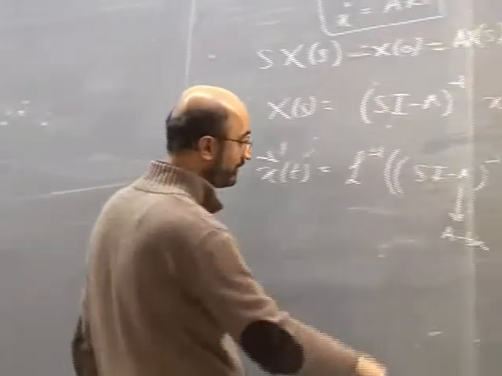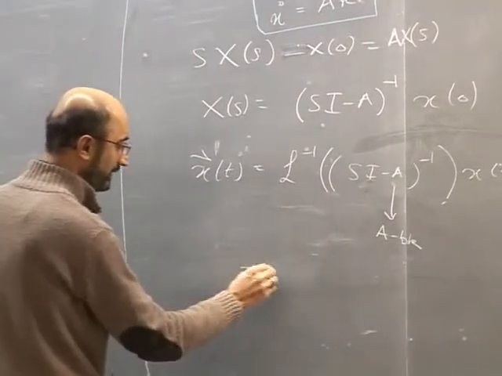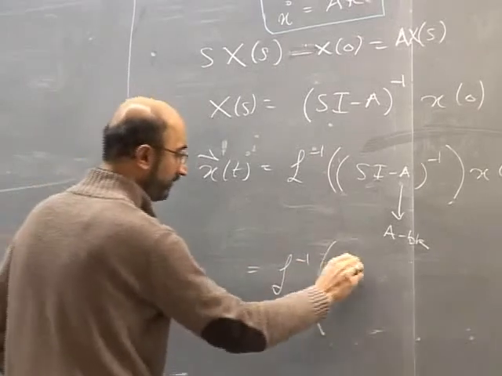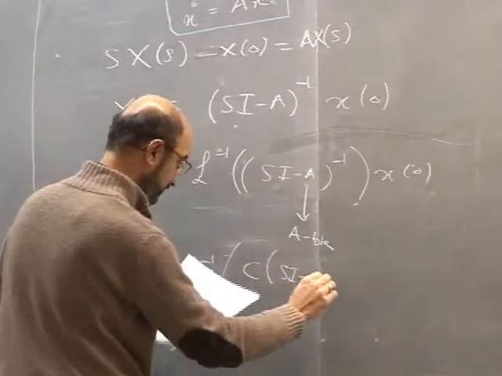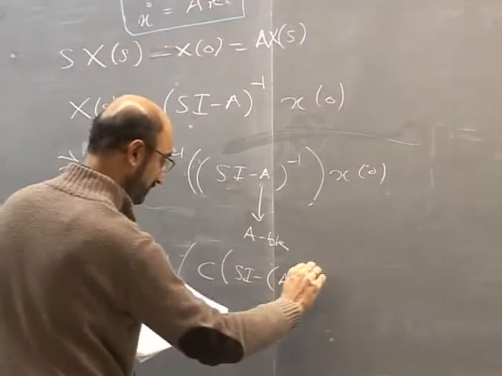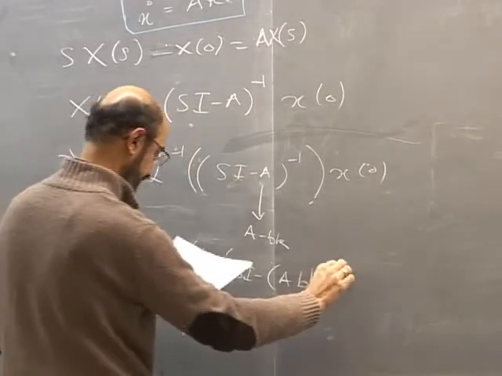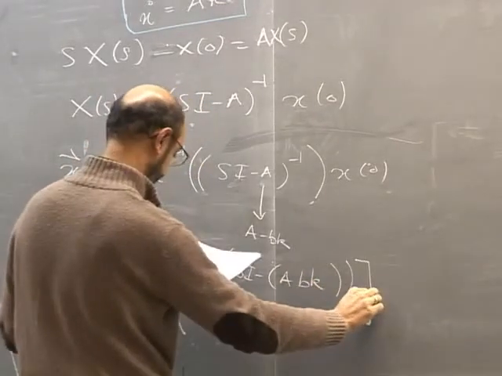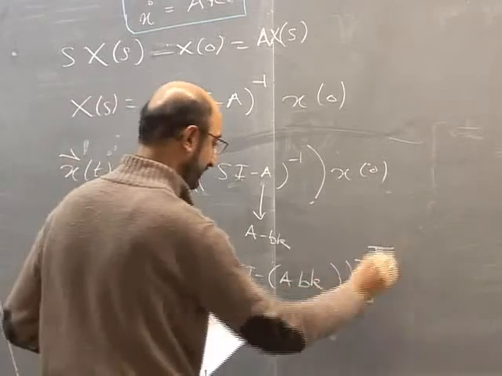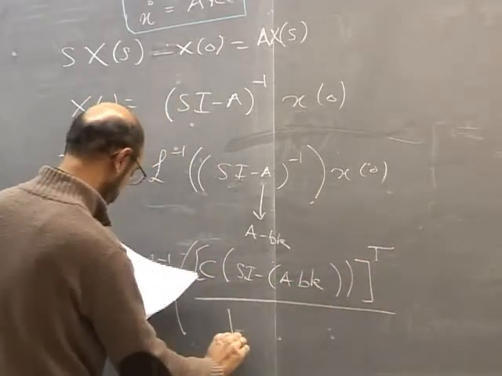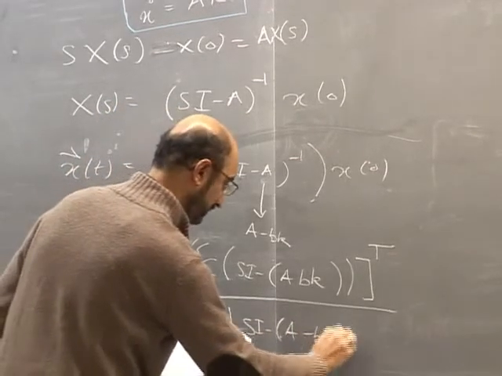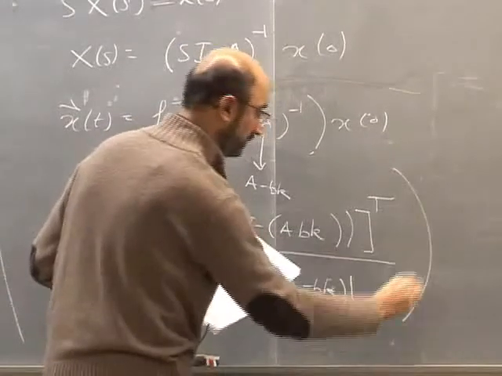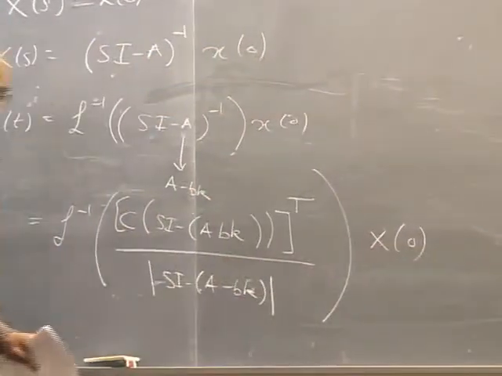If I do this, then I can rewrite this particular inverse using the cofactors as the inverse Laplace of the transpose of the cofactor of (sI minus A minus Bk), that's the adjoint, over the determinant of (sI minus A minus Bk), times x of 0.